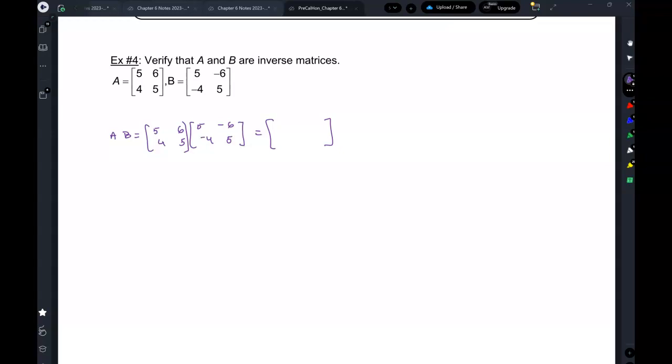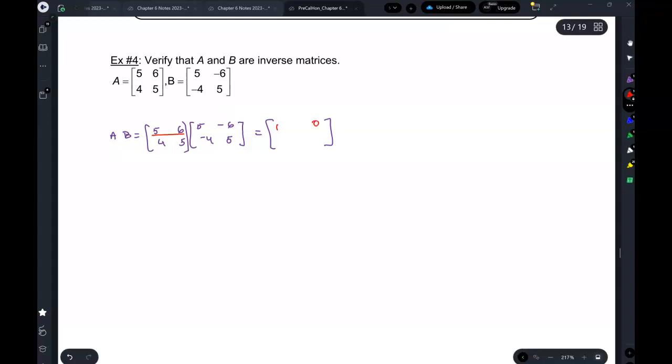So first one, first row, first column, what do I get? 1. First row, second column, 25. What do we get? Is it negative 11? Okay, so this and this, right? So first with this, negative 30, positive 30, 0.